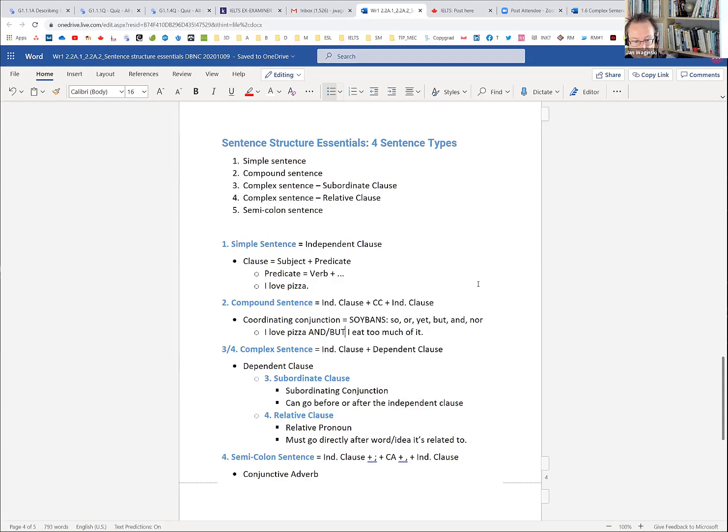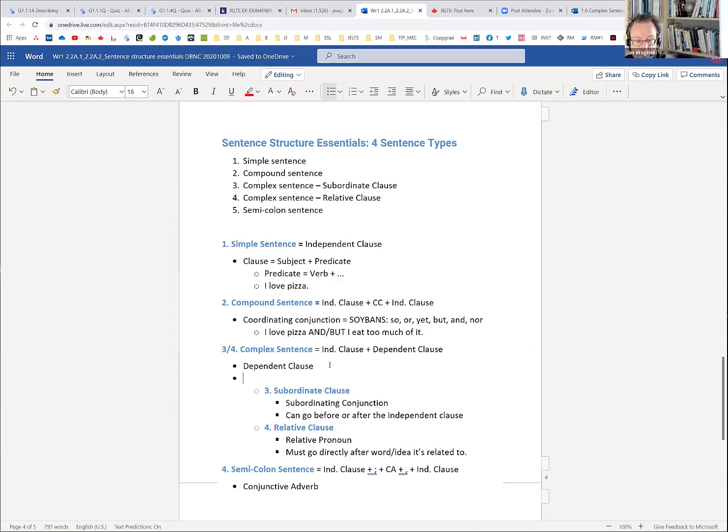So third level would be a complex sentence, and we're going to talk about the two most common kinds of complex sentences. So a complex sentence includes an independent clause, which we've talked about, and it also includes a dependent clause. So a dependent clause also has a subject and a predicate, just like an independent clause.